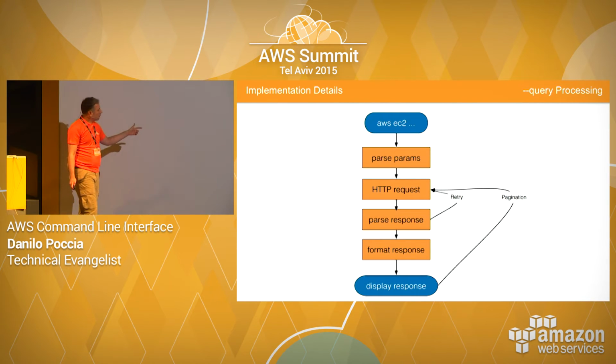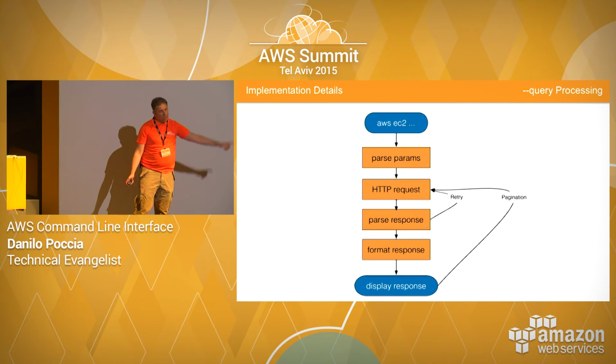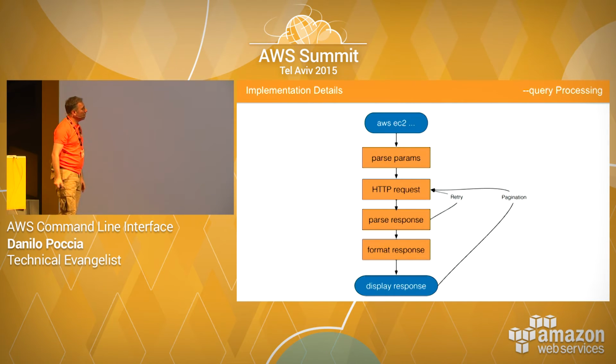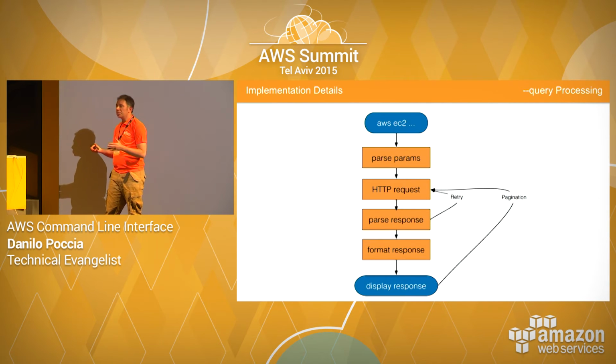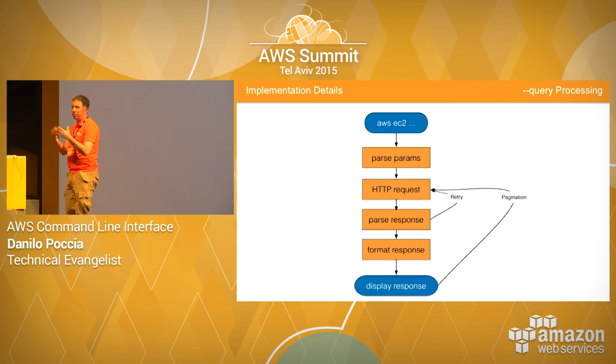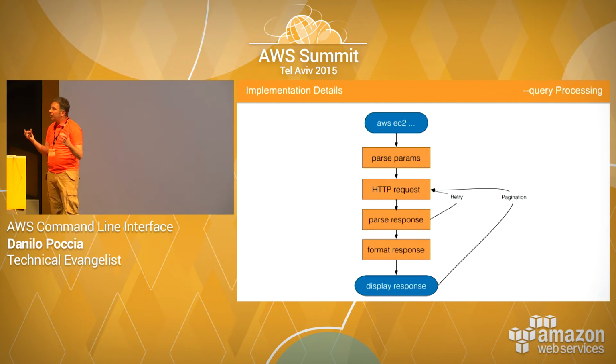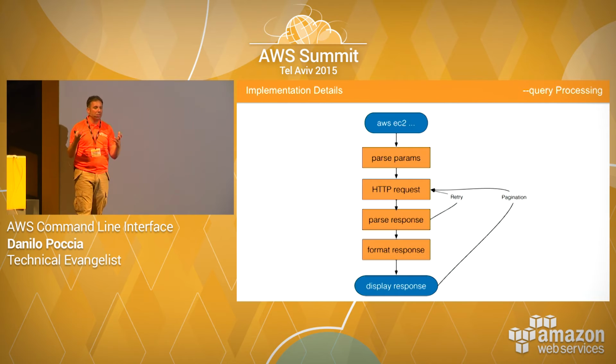This also works with pagination. You see there is on your right of the slide the pagination. This is because some of our APIs don't return all the data with a single call. Think, for example, of a list object on S3. On an S3 bucket, we don't have a maximum number of objects that you can have.